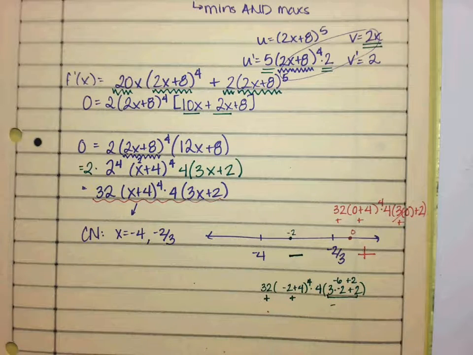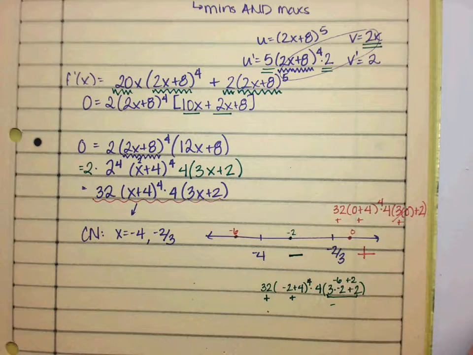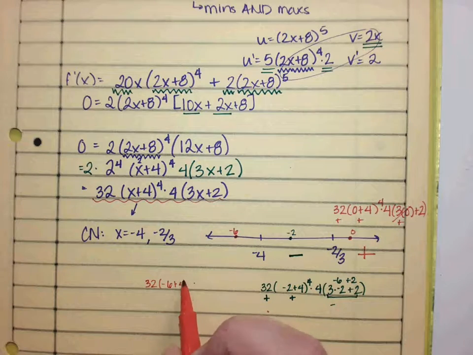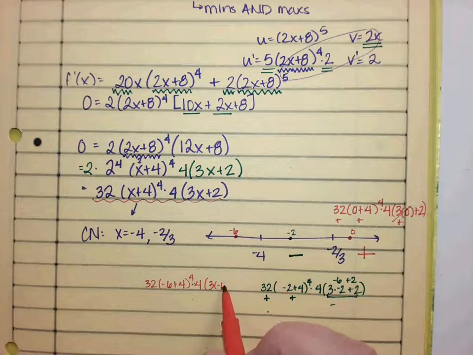Last sub-interval, say I pick maybe negative, we'll do -6. So I'd have 32 times (-6 plus 4) to the 4th, times (3 times -6 plus 2).